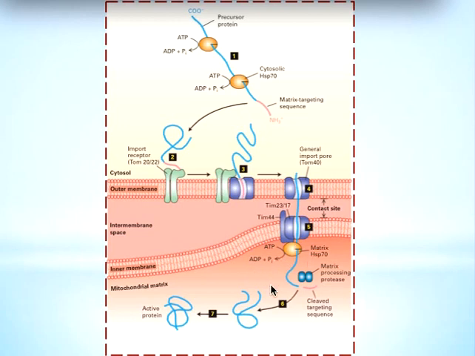Upon entering into the mitochondrial matrix, the signal peptide is cleaved, and then the protein can fold to assume its native conformation. So that's all about the import of mitochondrial proteins.